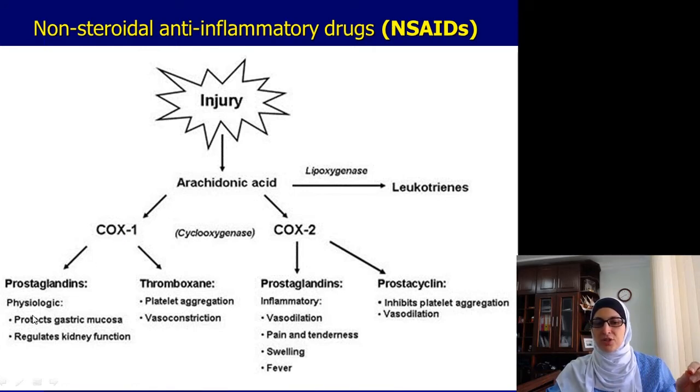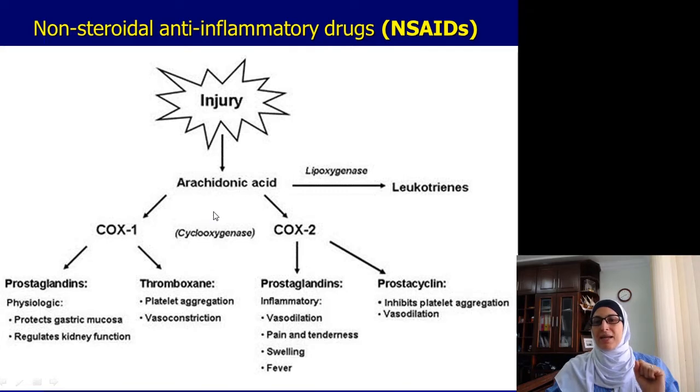So we reduce the protection of the gastric mucosa, and this is why NSAIDs affect your stomach, and also it affects the kidney function. And this is why we do not prescribe NSAIDs for a long time for patients with hypertension or with a kidney problem.